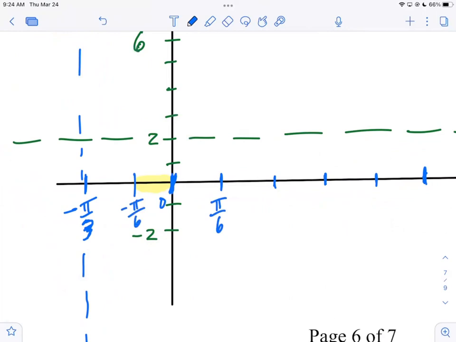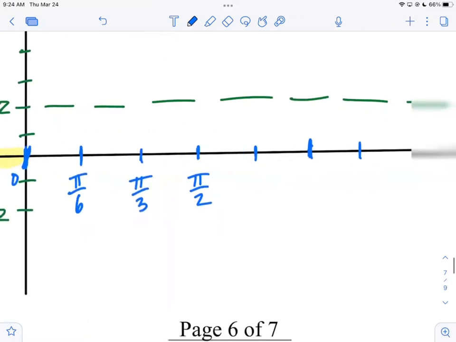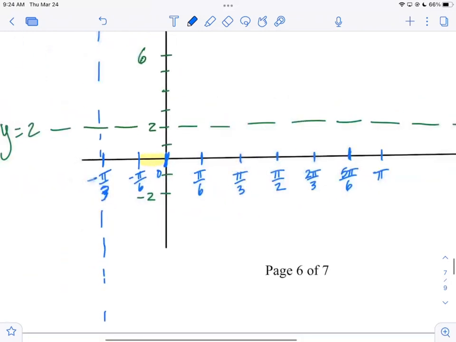And now you can just keep counting by 1 pi 6, right? The next one would be 2 pi 6, which simplifies to pi thirds. 3 pi 6 is pi halves. 4 pi 6 is 2 pi thirds. 5 pi 6 does not simplify. 6 pi 6 is pi. The next one would be 7 pi 6, so on, so forth, et cetera, ad infinitum, forever and ever. Amen.